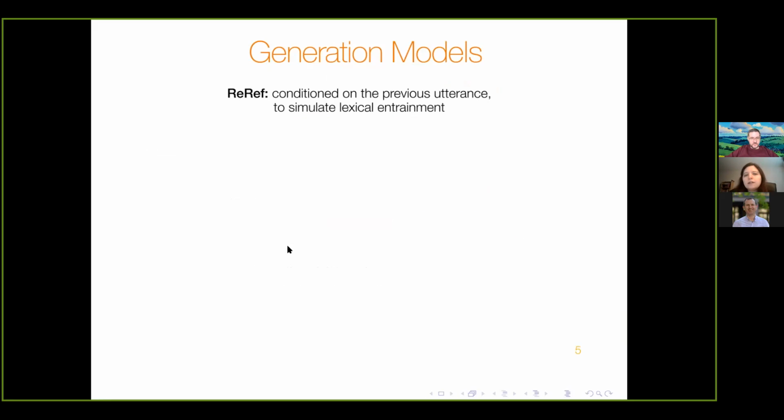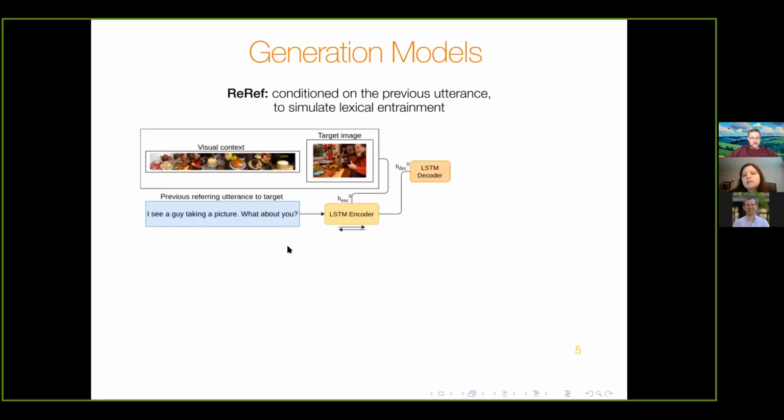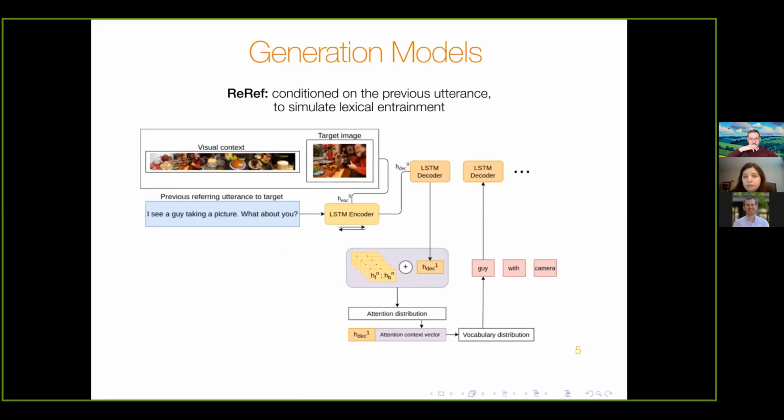And then in our second model, we have the visual context and the target image, but now we also have a previous utterance. So here we use the history of the dialogue, how we talked about this image before, and then generate a new utterance for this image.